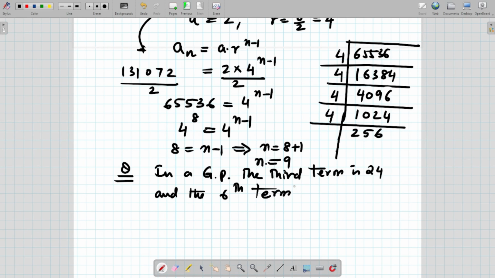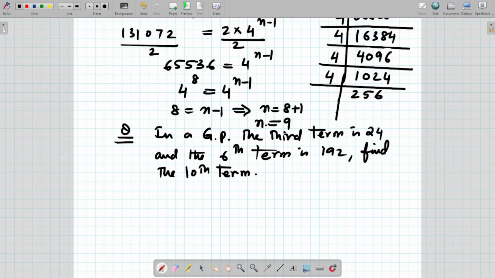Find the 10th term. So कोई चैलेंज तो ज़्यादा है नहीं इसमें, राइट? जरा खुद से करके देखो इसे.